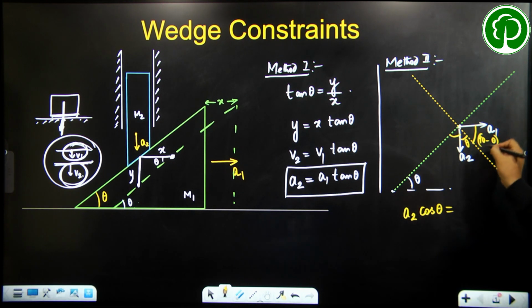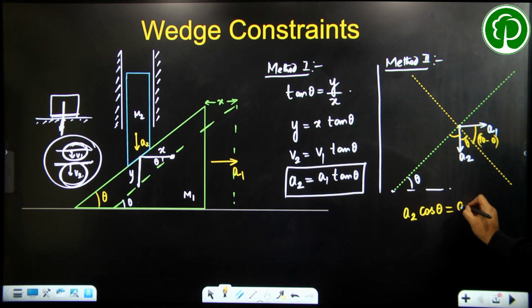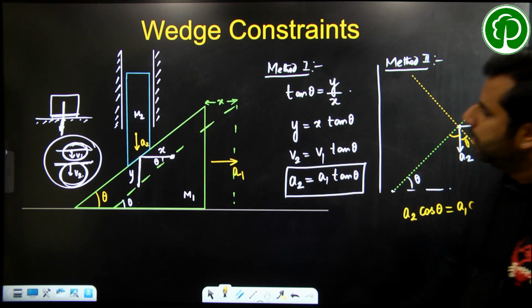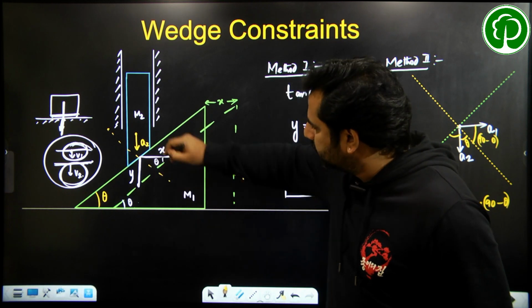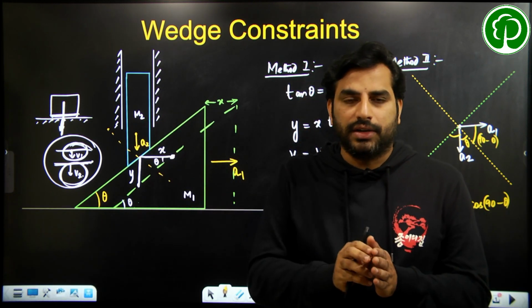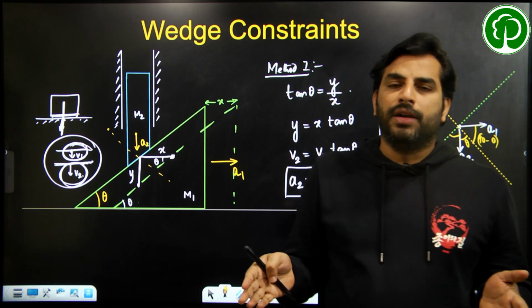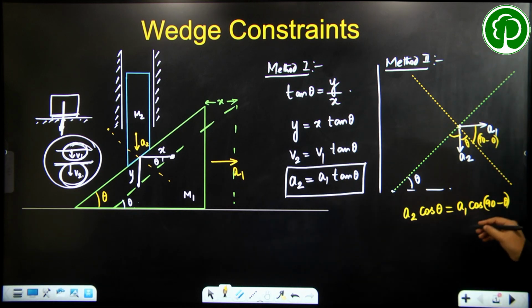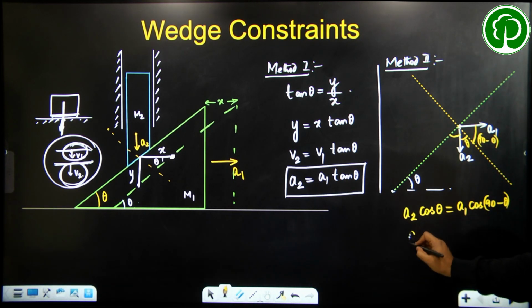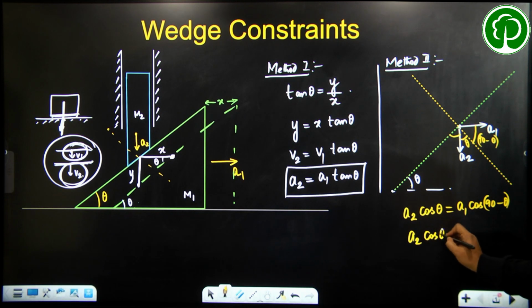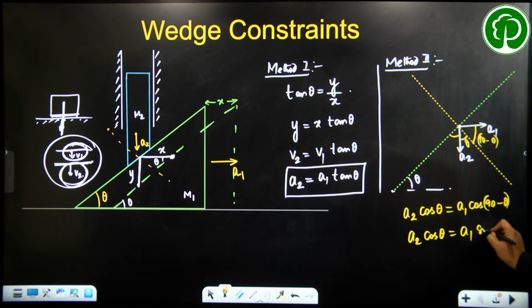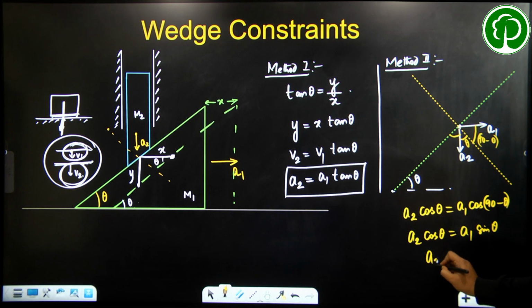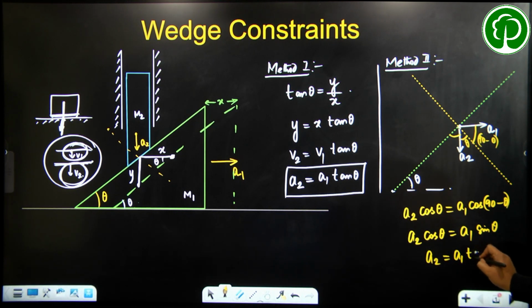The component of A1 along this normal is A1 cos(90 minus theta). Both must be equal. Only then are the two surfaces not getting separated from each other, nor getting into each other; they are just remaining in contact. So this is a one-step equation: A2 cos theta is equal to A1 cos(90 minus theta), that is sin theta. Take cos theta to the other side, A2 is equal to A1 tan theta. As simple as this.